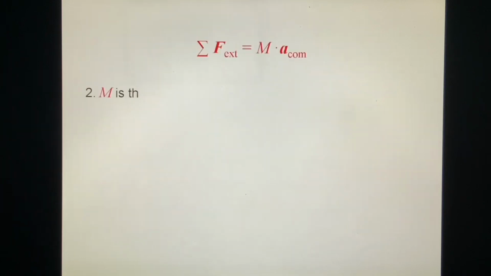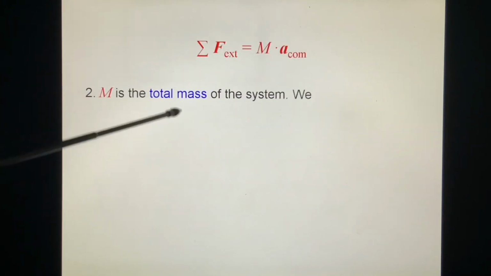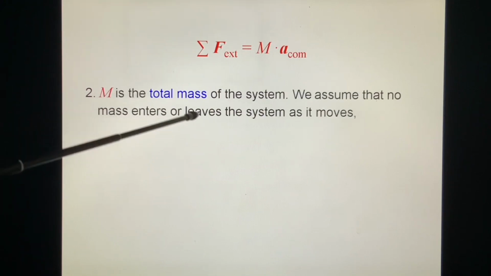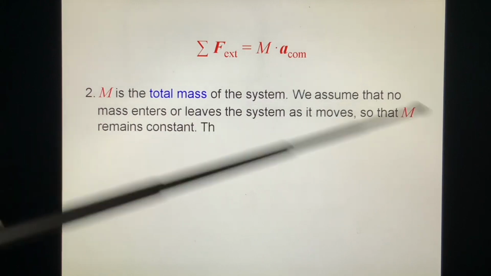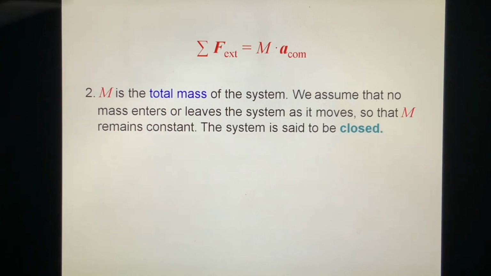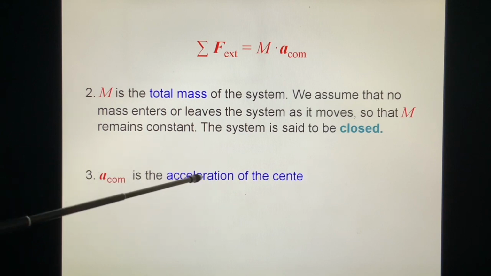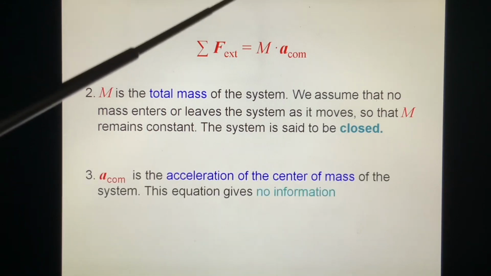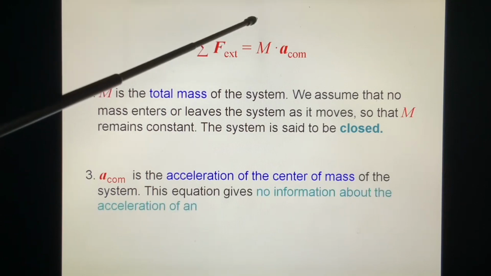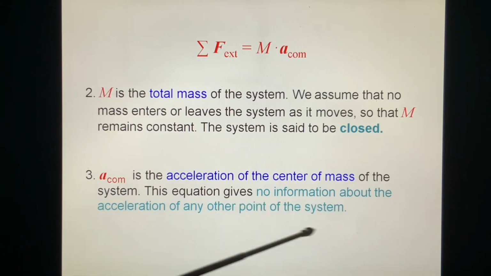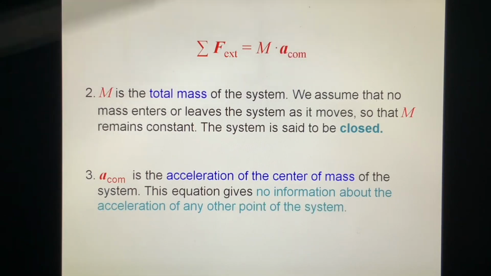Second, M is the total mass of the system. We assume that no mass enters or leaves the system as it moves, so that M remains constant. This system is said to be closed. Third, a com is the acceleration of the center of mass of the system. This equation gives no information about the acceleration of any other point of the system, only the center of mass.